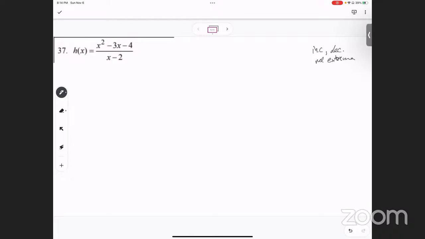Okay, so increasing and decreasing would just be, you're going to find the derivative and set it equal to 0. Those are your relative extrema, where either the numerator or the denominator equals 0.